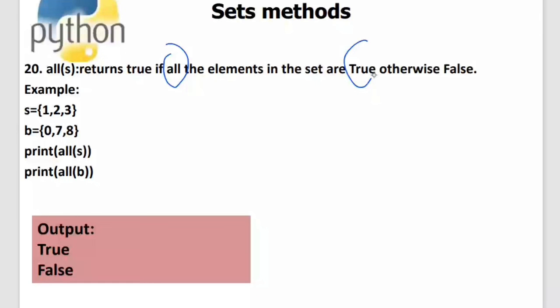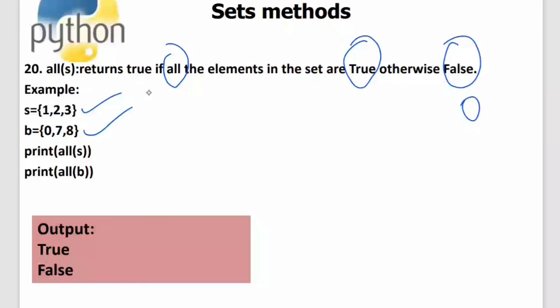I'm saying set S is equal to 1, 2, 3. I have also taken another set to show you both the true and false cases. In the first set, there are no zeros, so everything is true over here. That's why it returns true, meaning all the elements in the set are true because there is no zero in set S. Now coming to set B, there is one element which is false.